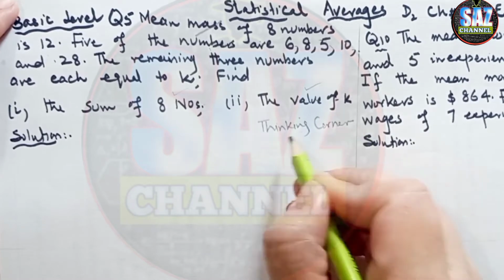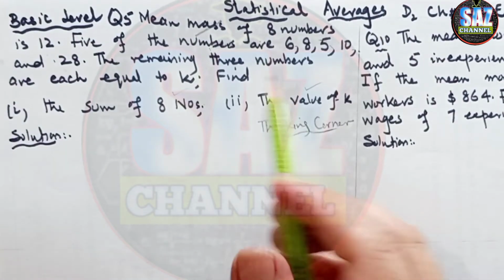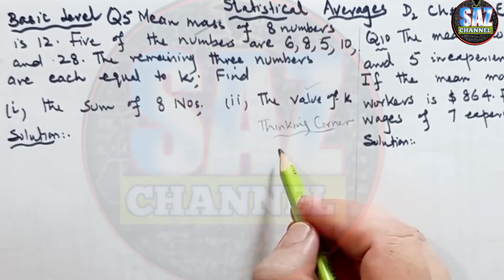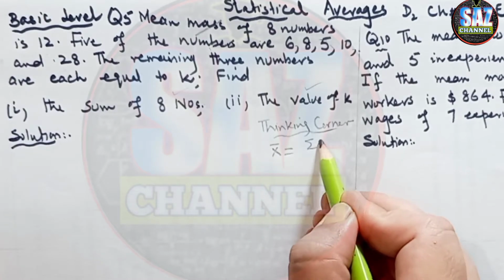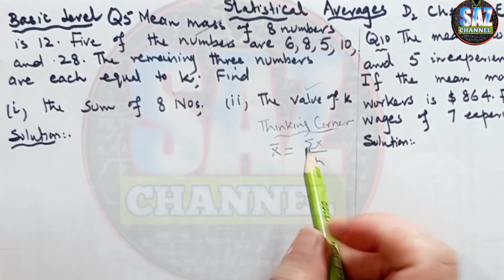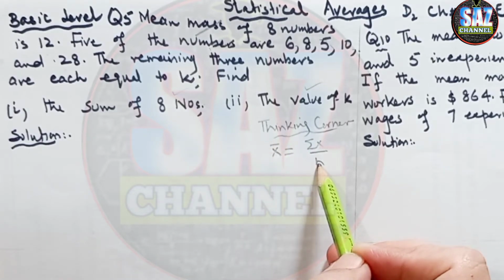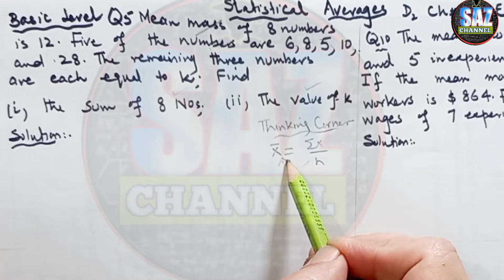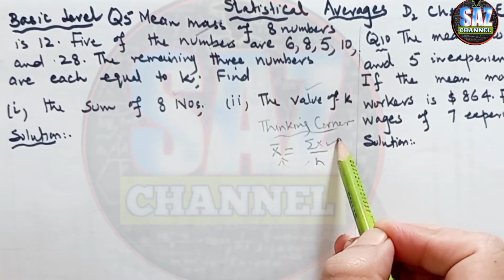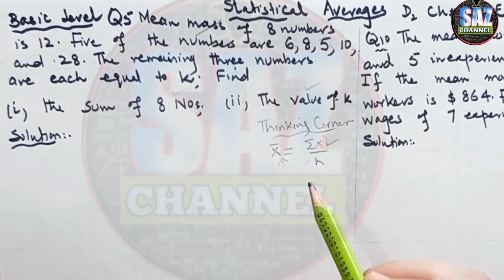What we have to do here is make a rough sketch in our mind. The formula for the mean is x bar equals summation of x upon n. The mean is given, the number of observations is given. If we multiply n with the mean, we can get the total of 8 numbers, or the sum of 8 numbers, which is the first requirement of the question.